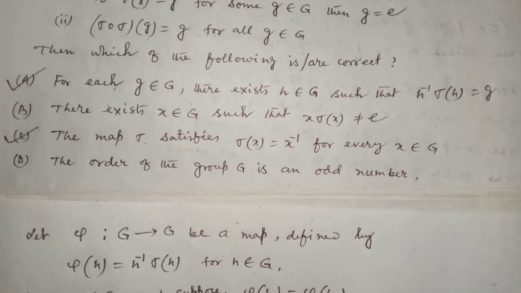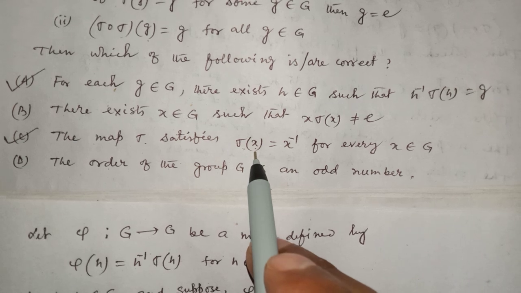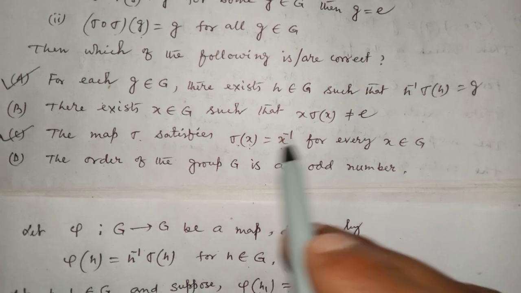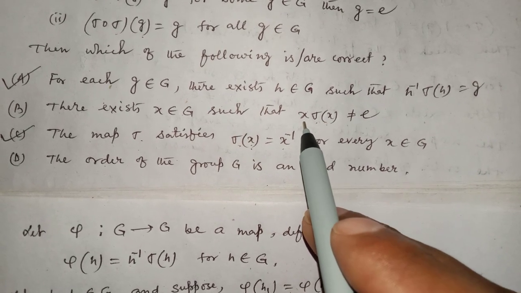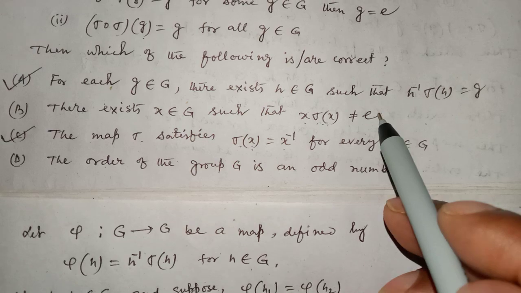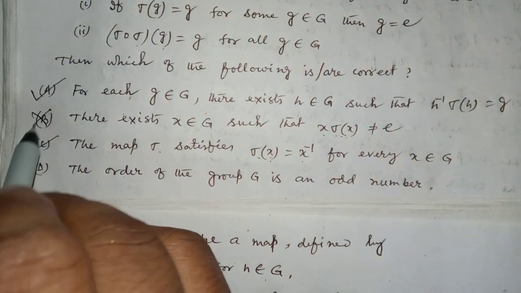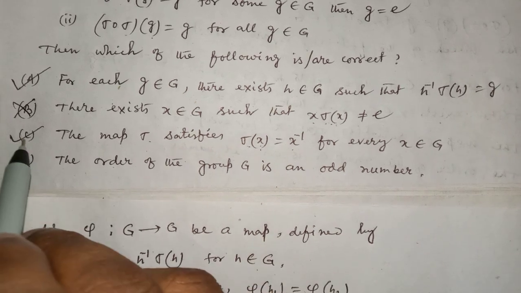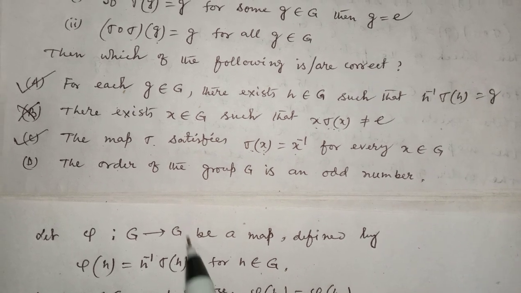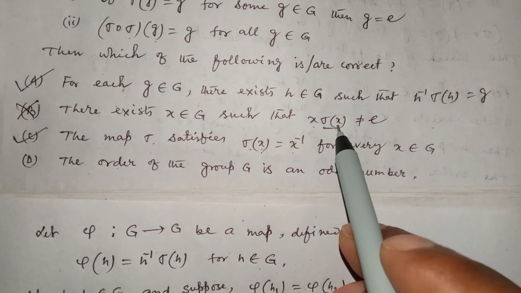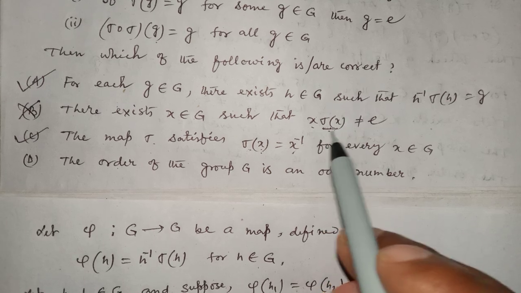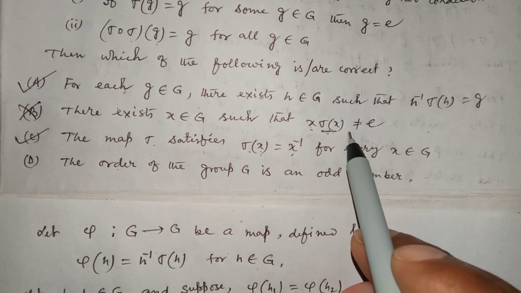Since sigma x is equal to x inverse, if we put sigma x is equal to x inverse, we get x into x inverse, which implies identity.